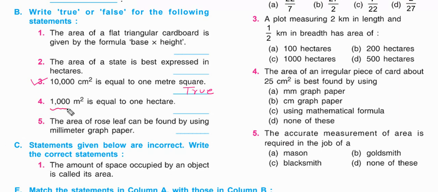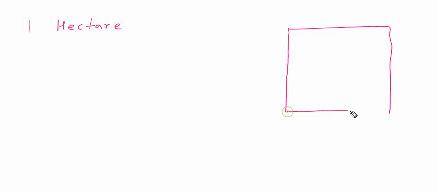Now children, 1,000 meter square is equal to 1 hectare. Children, let's see that what is 1 hectare. So what is 1 hectare? If we make a square of 100-meter side, then its area is called 1 hectare.